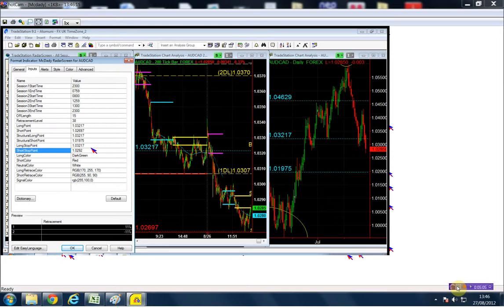For the AUDCAD, I'm going to go long only above the structure point, which is the 103.21. That's going to be my long point, my structure long point, and my stop. On the short side, I'm going to go short below the low of the day, which is the 102.69.